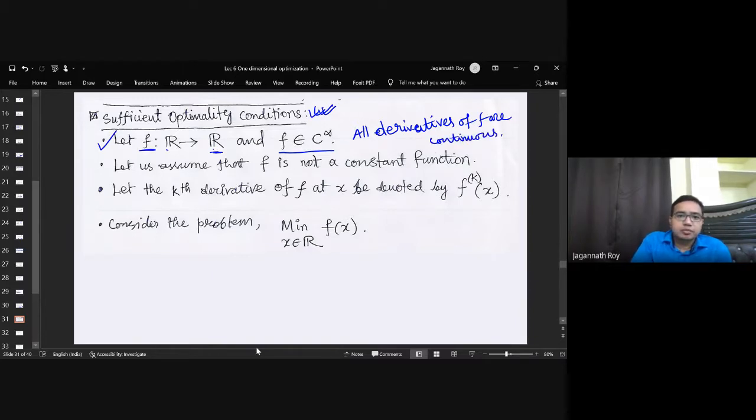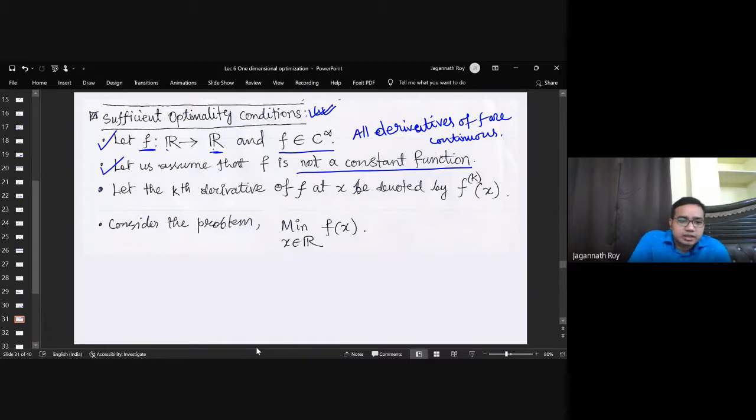Let us also strike off the special case: it is not a constant function. For example, f of x equals k is always a continuous function. It will have all types of derivatives. So let us not consider this case.